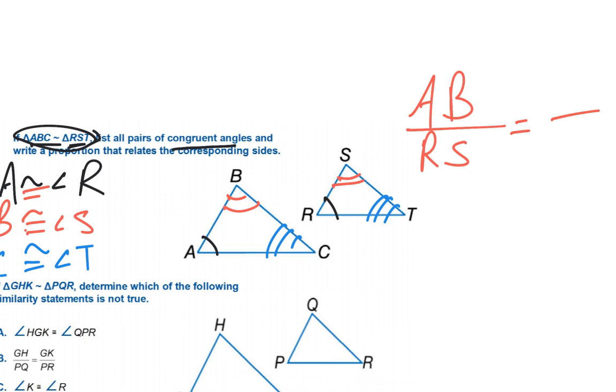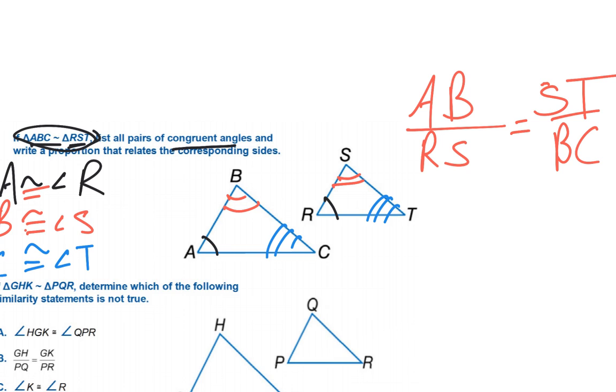T is just an angle. So ST is a side. So what does ST match up with? But if ST goes on the bottom. Exactly. I made a mistake. See the mistake I made? What is my mistake?